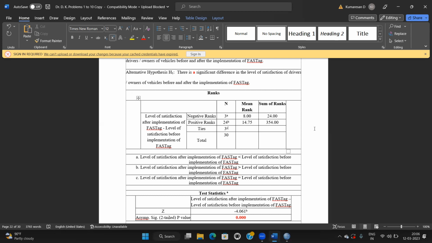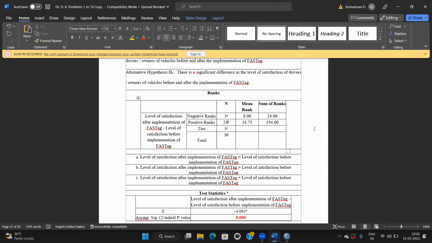Okay. Now look at the numbers. Number of negative ranks 3. Number of positive ranks 24. Number of tied ranks 3. So which is the greatest? 24 is the greatest. So positive ranks. There are more positive ranks than negative ranks or tied ranks.